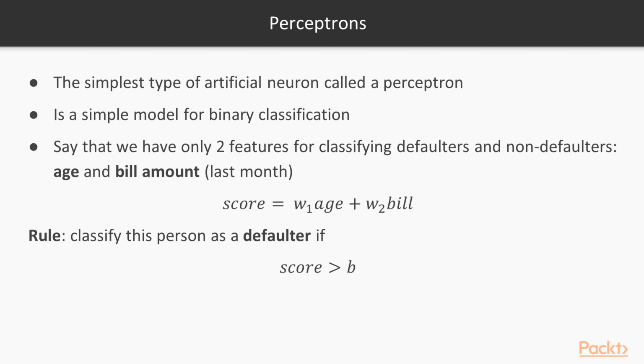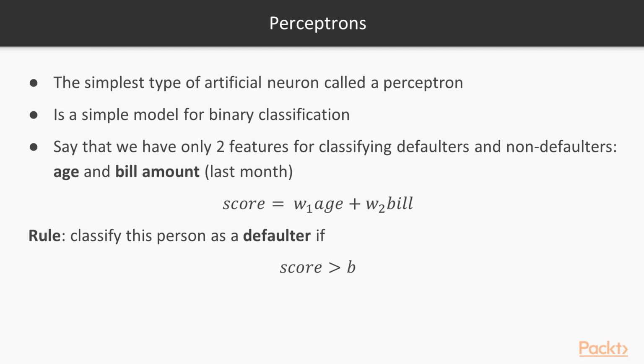The idea of the perceptron is to create some kind of a score. You take one constant, let's call this constant W1, and then you multiply that constant by the value of age. And then you add the multiplication of another constant and the value of the bill amount.